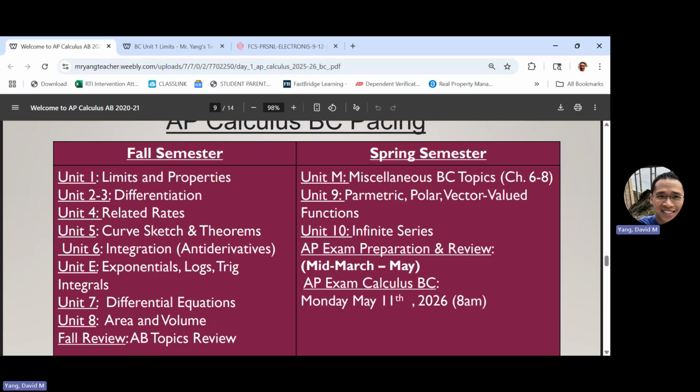At the end of first semester, we will kind of have an overview, take small mock tests and quizzes, and free response questions involving AB topics.